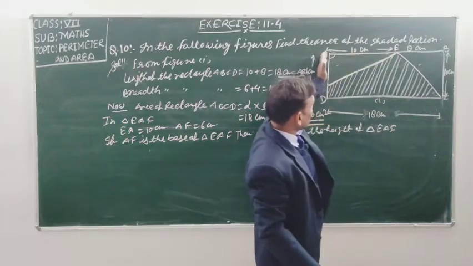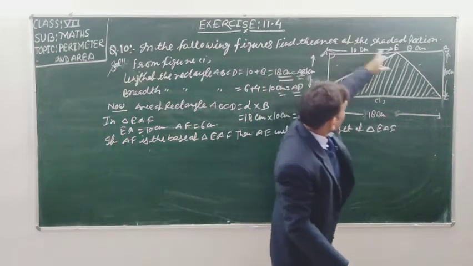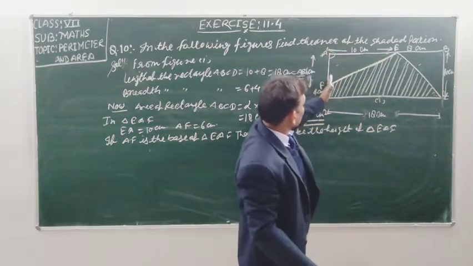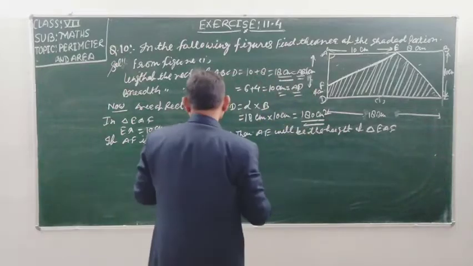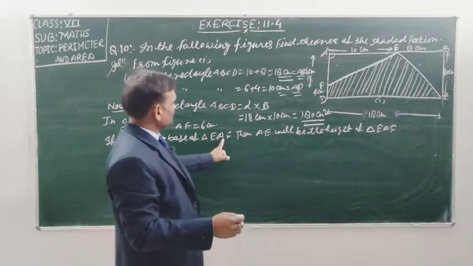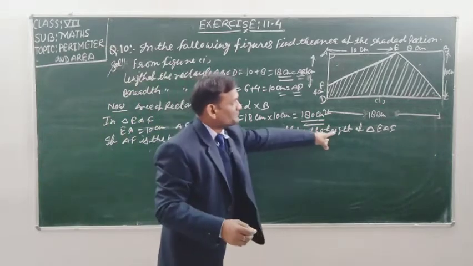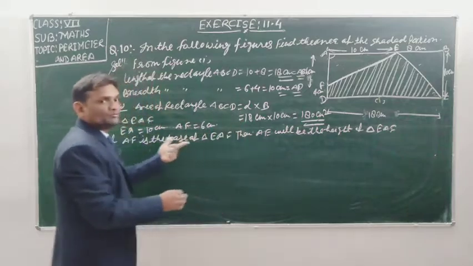If you are assuming the base AE, then the height will be AF. So student, if AE is the base of triangle EAF, then AF will be the height. If you say the opposite, you write the opposite.